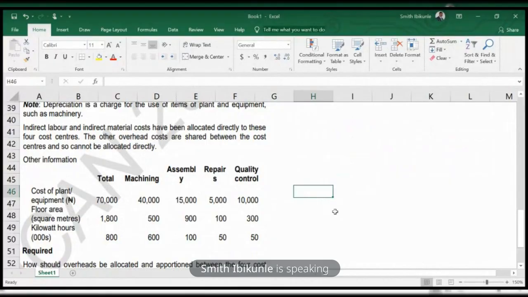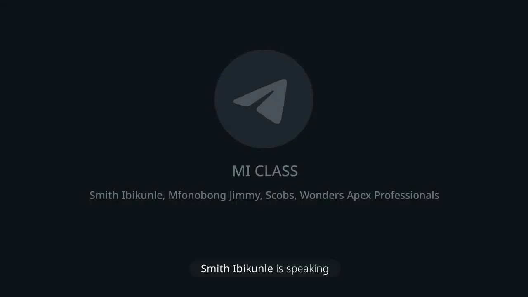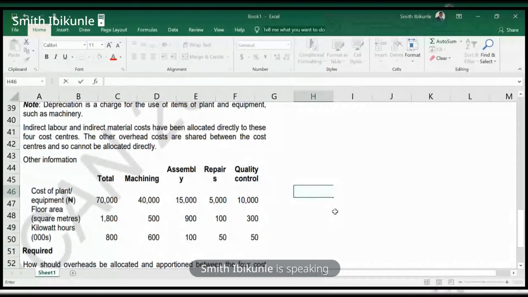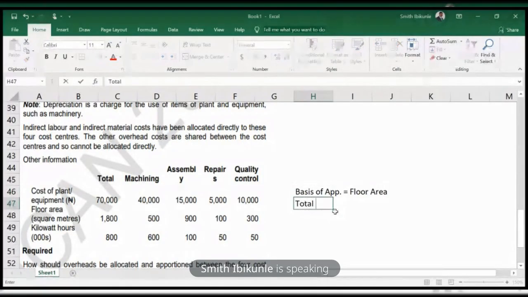So the first department is the machining department. First of all, before we do this, the basis of apportionment is floor area. Then you say, total floor area is how much?